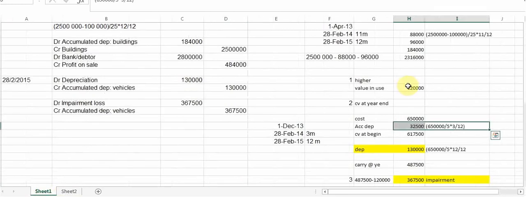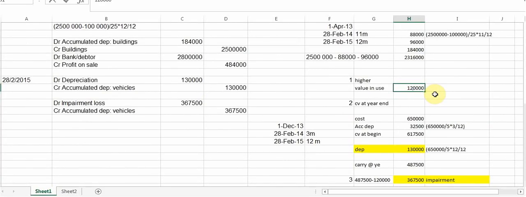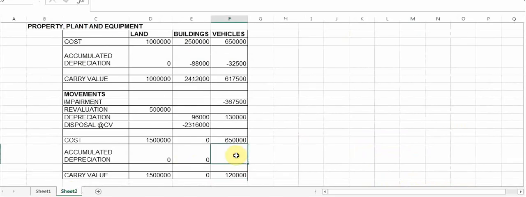I know this is correct because I had to adjust it to 120,000 in terms of my impairment losses. My accumulated depreciation will then be the difference between the two, which is 530,000. And that was then the PPE note that you had to complete based on the journal entries that you have done.